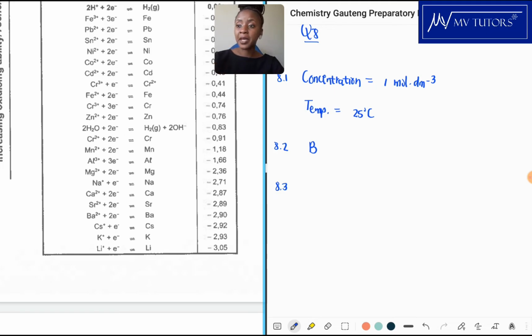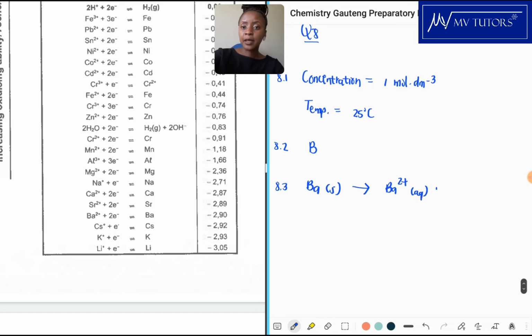For example, barium has a negative value, which means it is more likely to be oxidized. So we have barium as a solid. I don't know if they will give you marks for putting the state, but let's just put it to be safe. Then we have the ions in aqueous solution, and we're adding the 2 electrons.